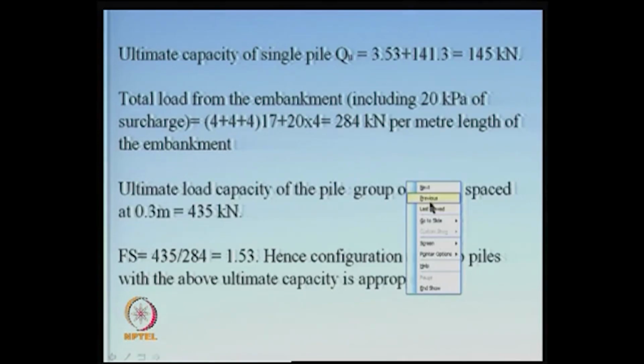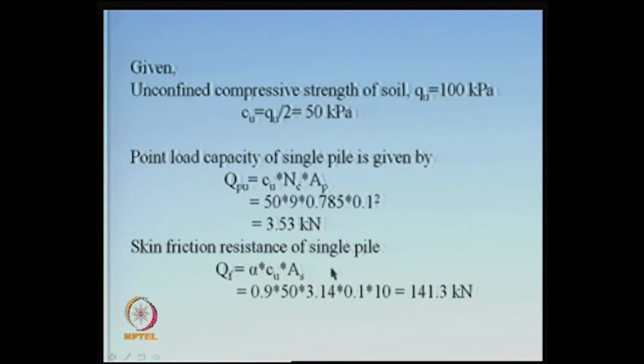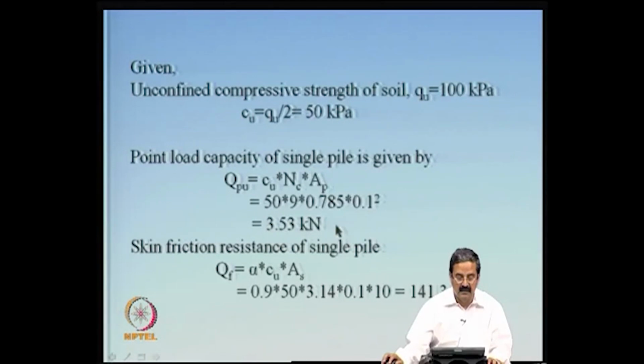Then you calculate both the loads, 3.5, and you can see that skin friction of the single pile is much bigger. Had it been a normal pile, this is somewhat higher. Say for example, if the diameter is going to be higher, like AP is the area of the pile, it comes here, then this will dominate.